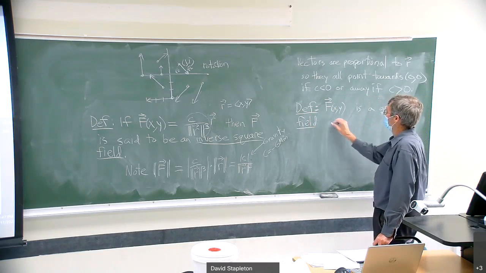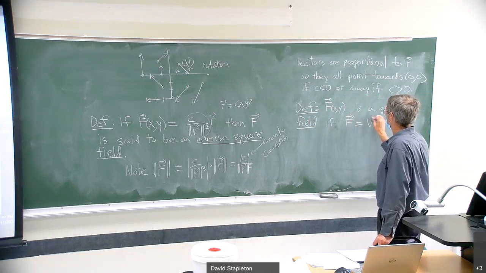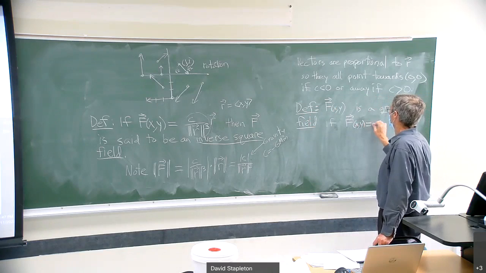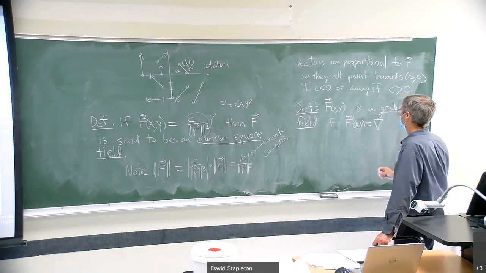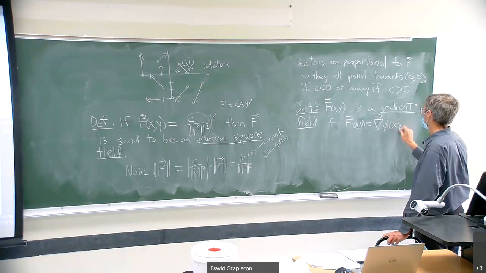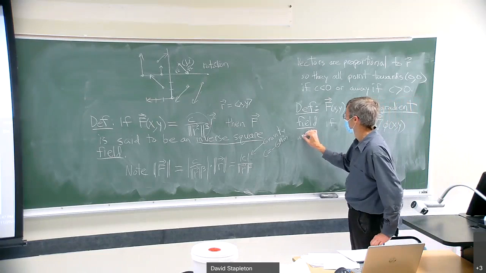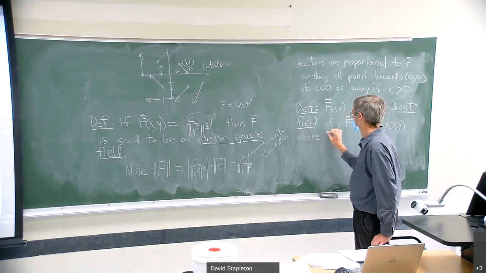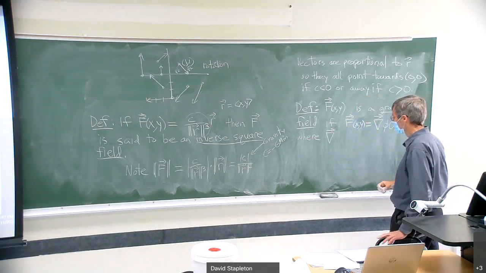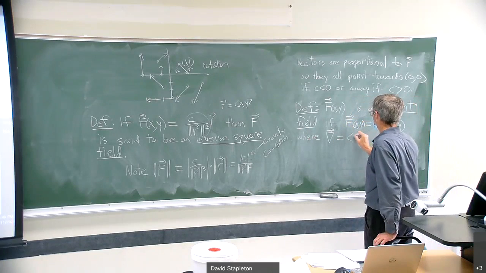F is called a gradient field if it's a gradient. If F of x, y is the gradient of a function phi of x, y. Remember the gradient from before, where this upside down delta called del denotes the vector with components d/dx, d/dy.